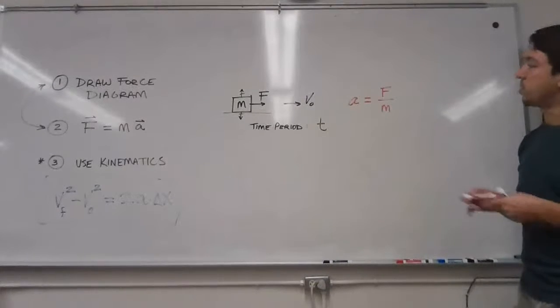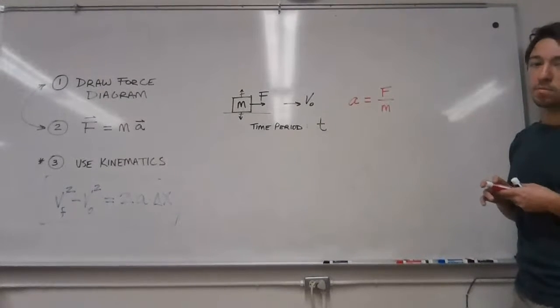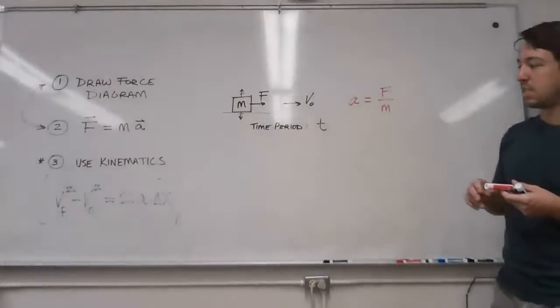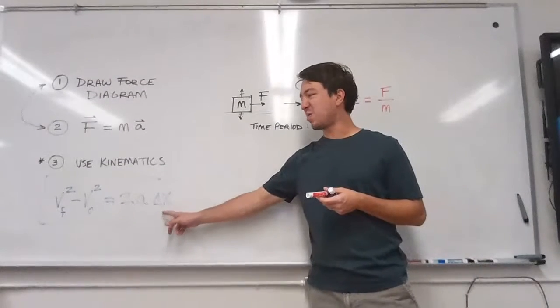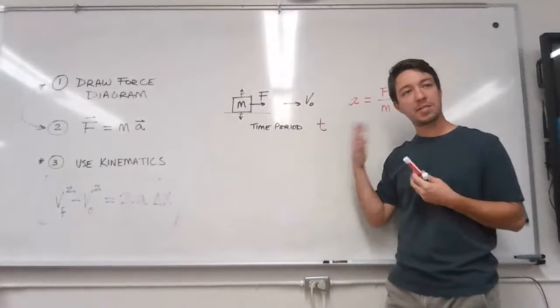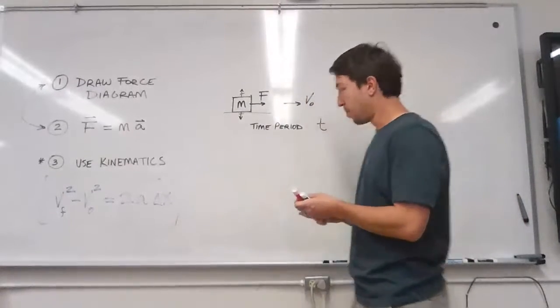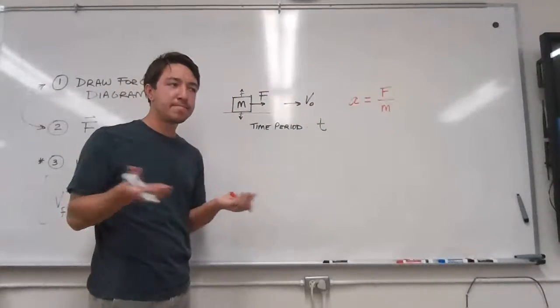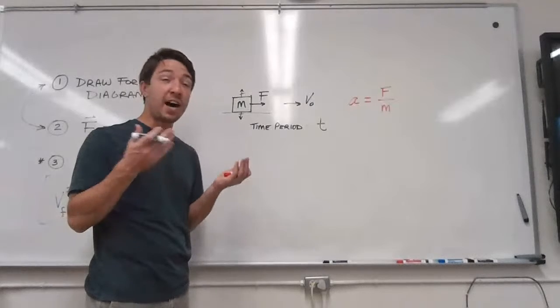And then, okay, so what would we do with the acceleration? Not this one, because this is time independent, and I want to involve time in my problem. But what I was going to say originally is, what are we looking for? The final velocity.